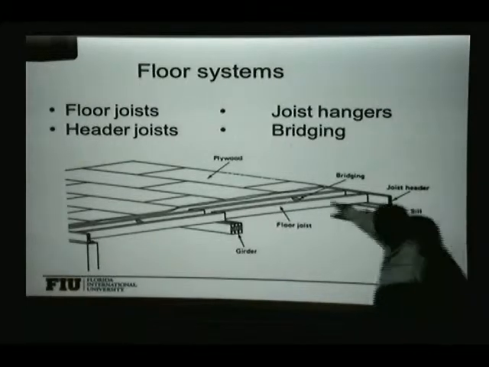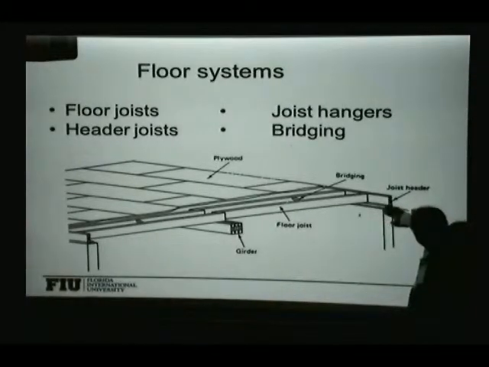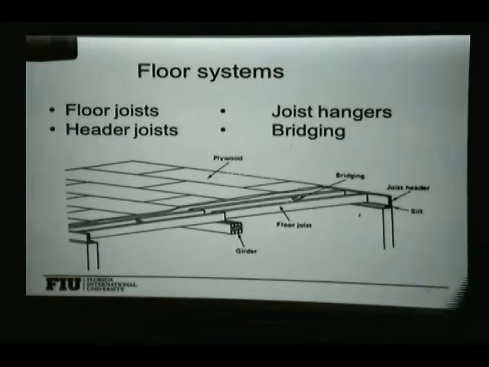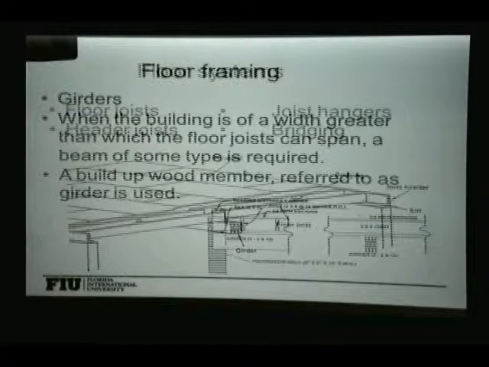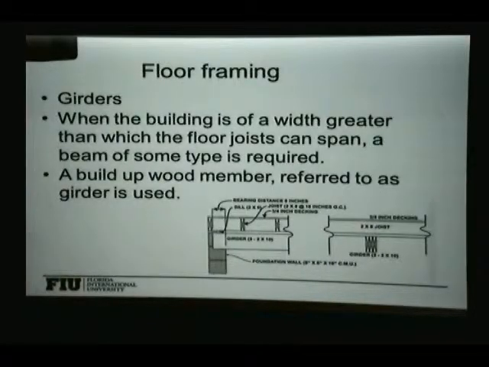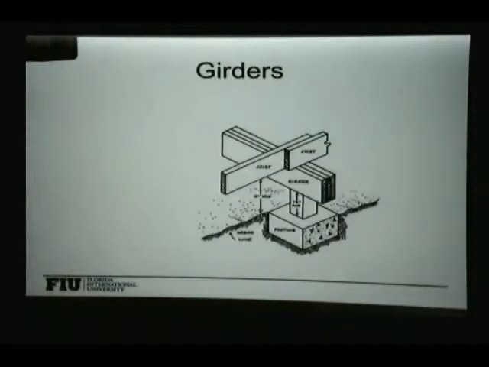So there will be a seal plate right on top of the wall, and then on top of it comes the joist and the rest of the structure. Girders to support the structure. Here's a picture of them.